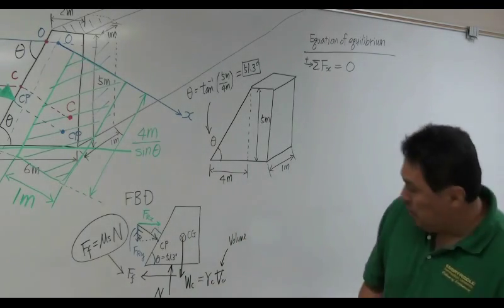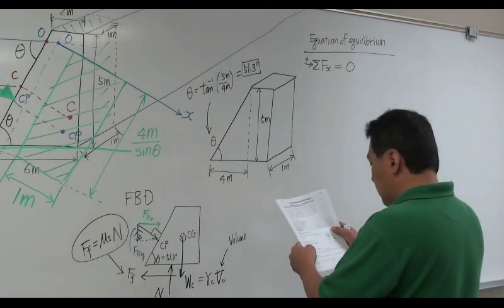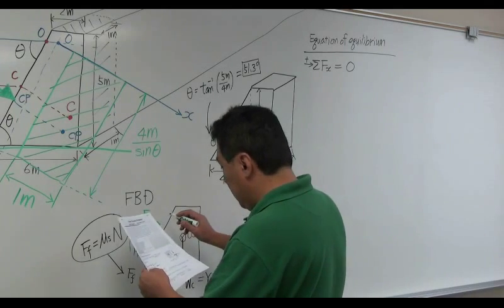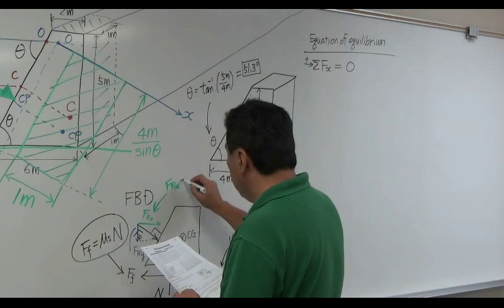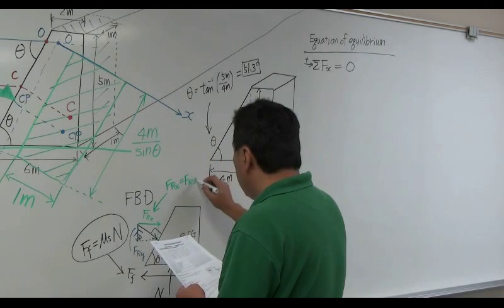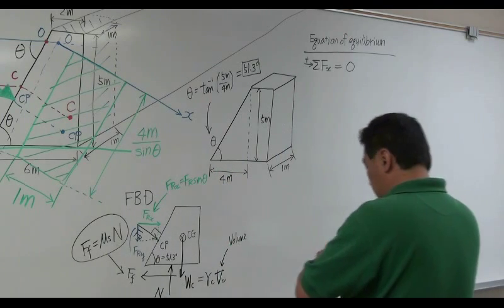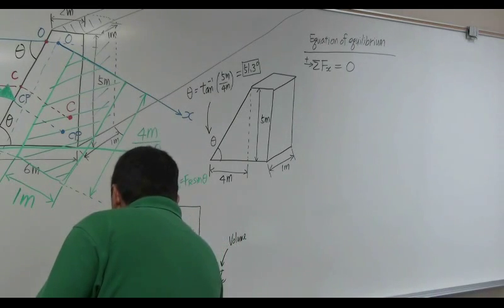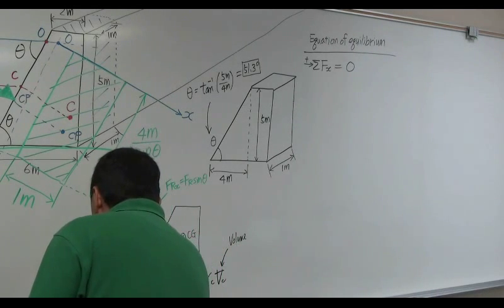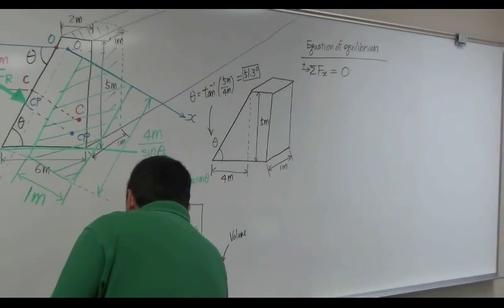Obviously you have an angle theta relationship, so Frx is Fr sine theta, and Fry is Fr cosine theta.